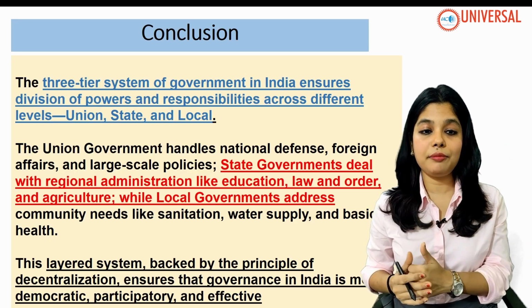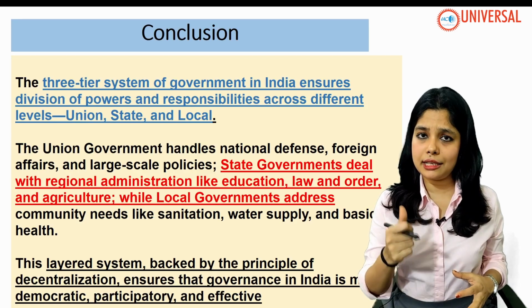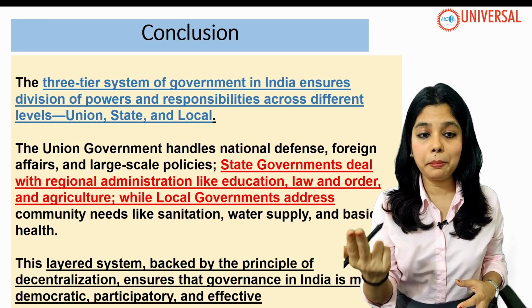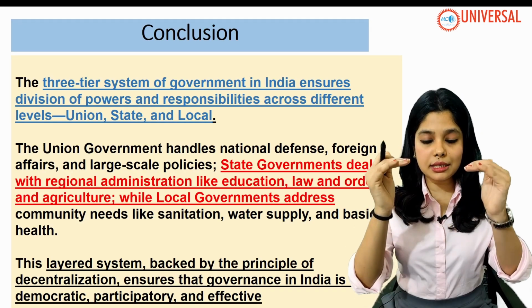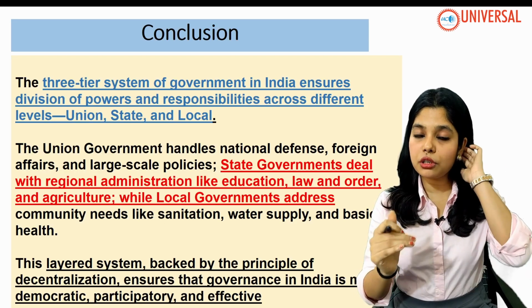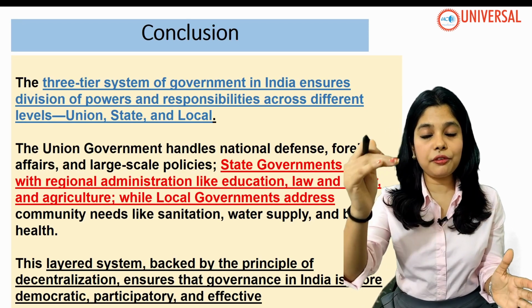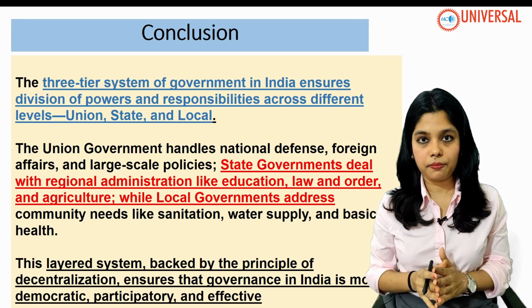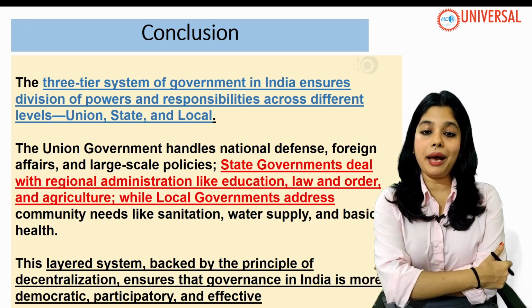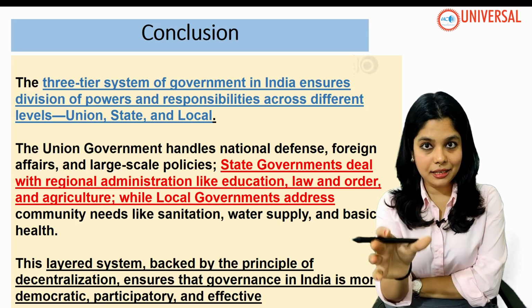The local government addresses community needs like sanitation, water supply, basic health. So this is the bifurcation in which the different needs of society are taken care of by different levels of government.